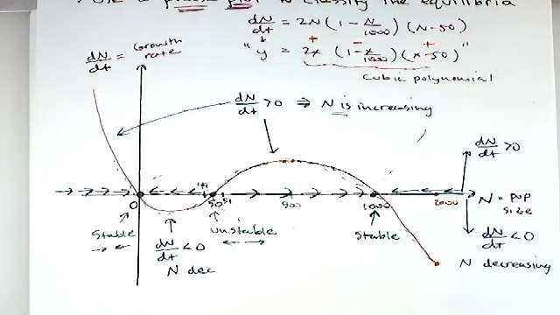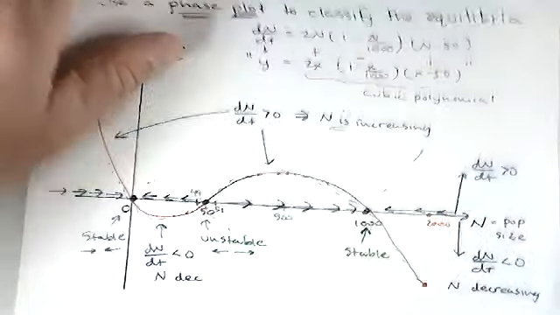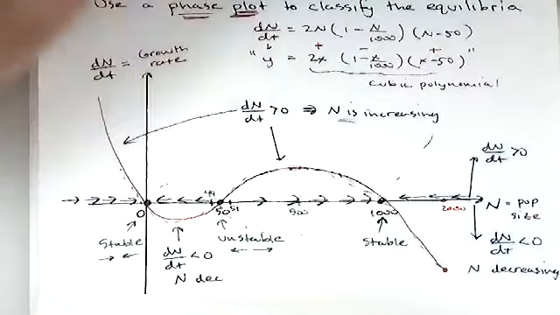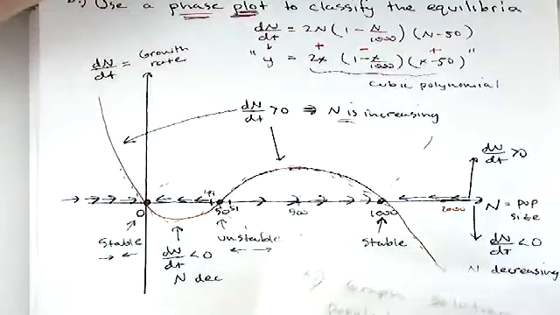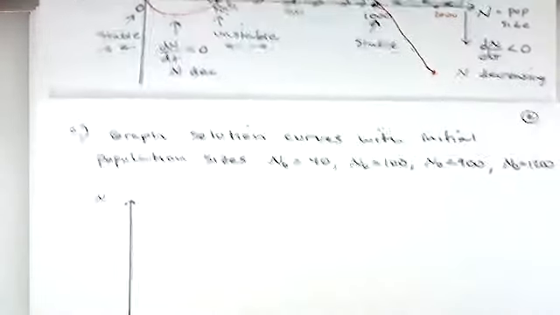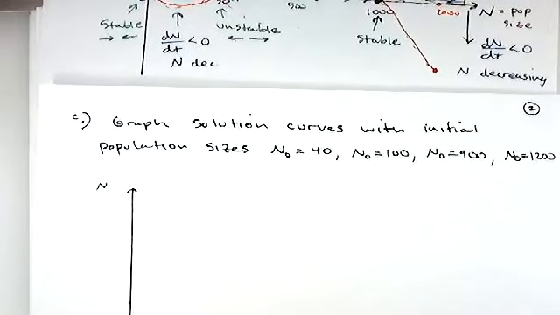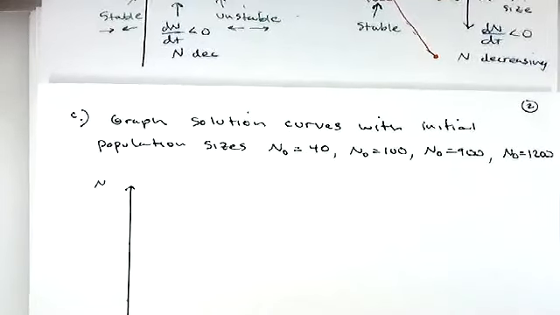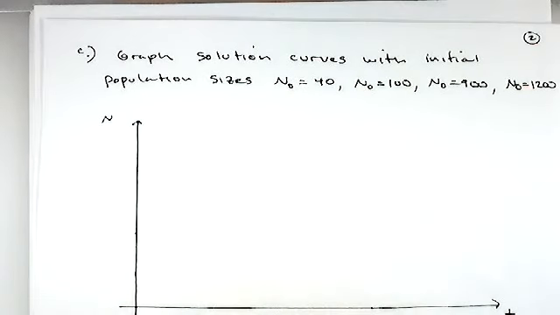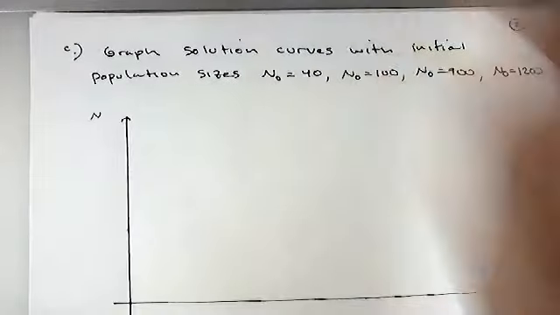But something you should be expected to do as well is, and maybe this will add some better meaning to what this whole picture is saying, is to sketch actual solution curves for our population of squirrels for various initial population sizes.